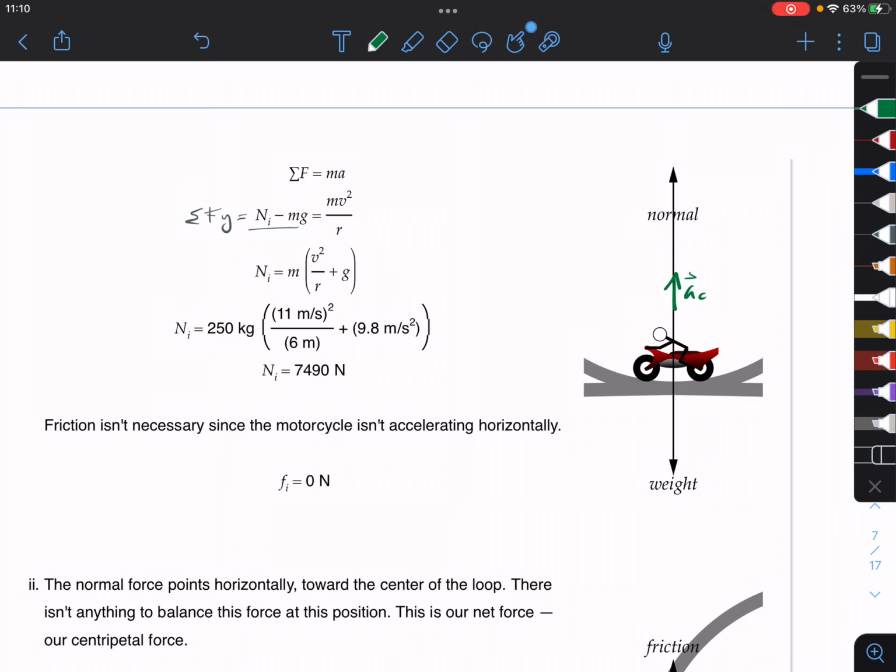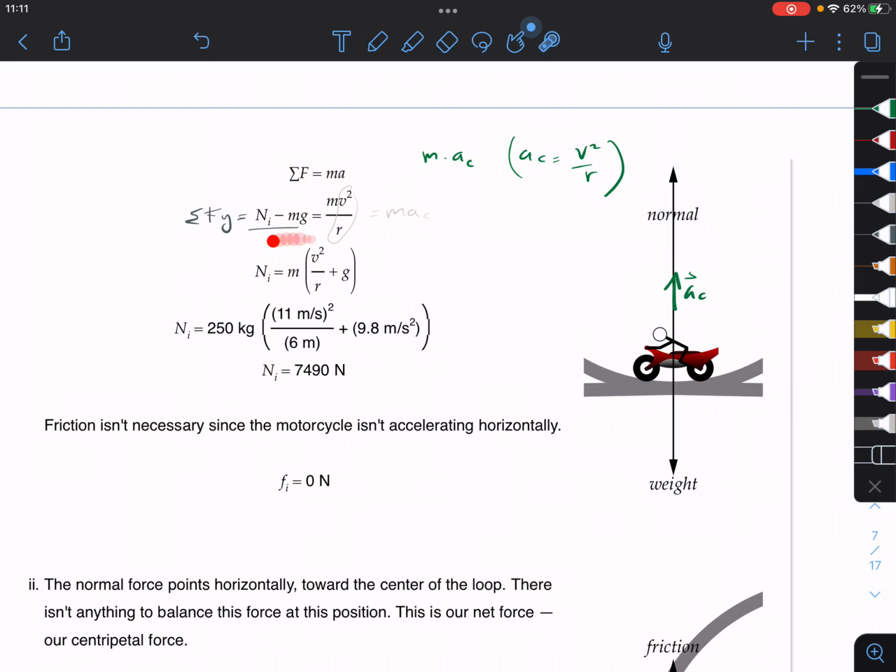So we are setting this equal to m times a_c, and this a_c is equal to v squared over r. We are plugging in v squared over r on this side for our m a_c, for our sum of forces in the y. So m a_c in the positive direction pointing up.